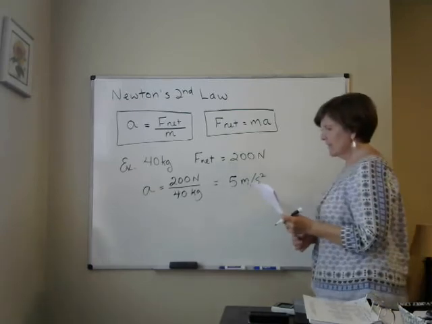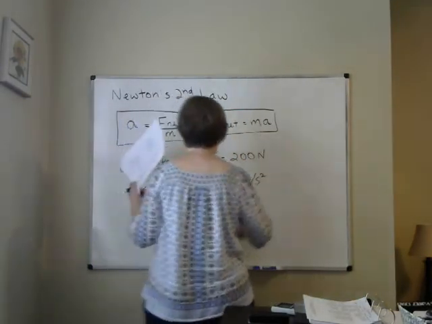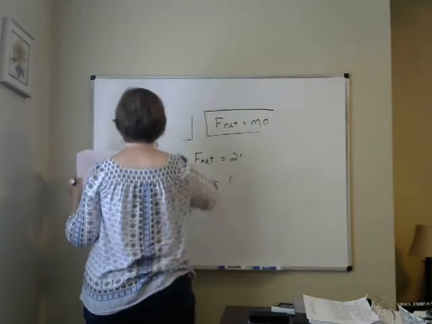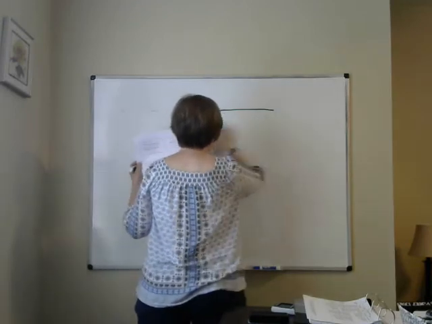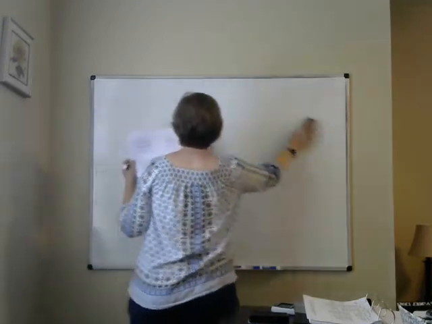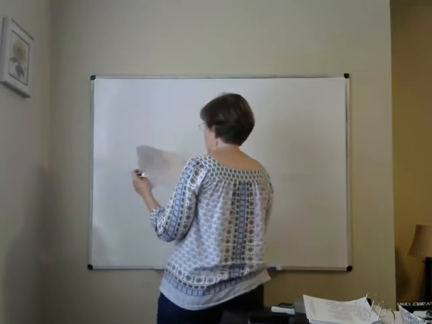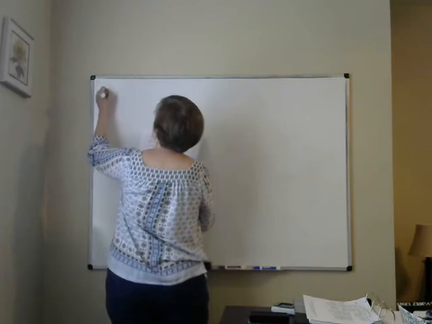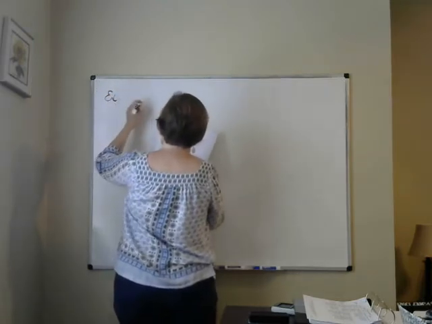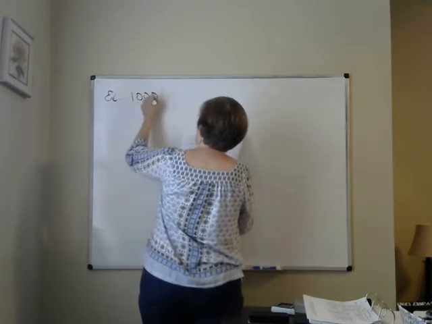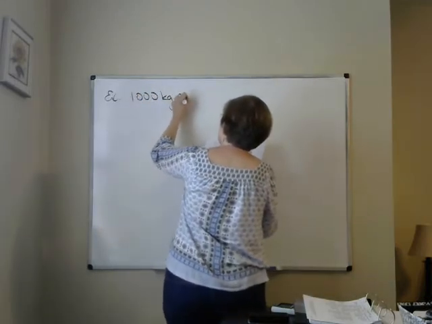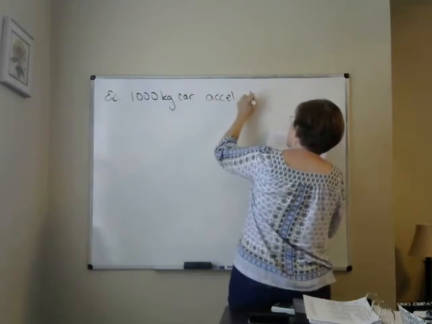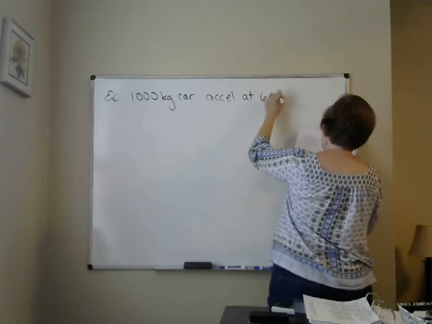Let's do a little more complicated example that kind of will tie in all of this together. Suppose I tell you that we have a 1,000 kilogram car and it's accelerating at 6 meters per second squared.